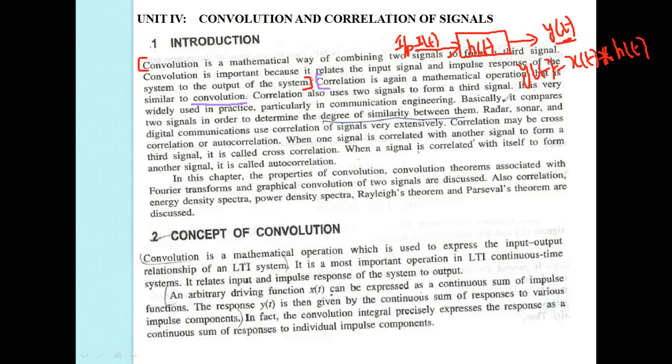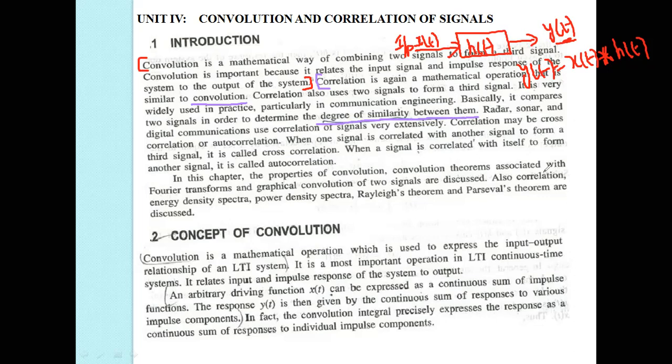Okay, students. Basically, it compares two signals in order to determine the degree of similarity between them. Correlated, the degree of how far it is similar. Is it 90% similar, or 80%, or 50% similar for the two signals? So actually the correlation is the same as the convolution, but basically it is comparing the two signals.